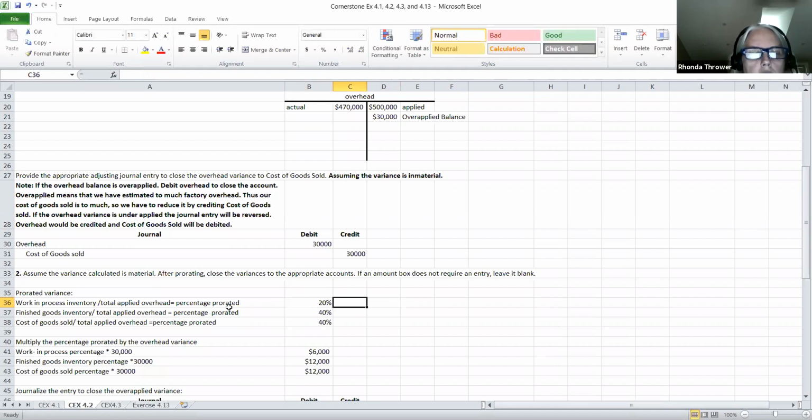That's the percentage you're going to prorate of the over or under applied balance. In this case, it was an over applied balance. So we're going to take 20% of the 30,000, and that's going to give us the amount that we will credit to the work in process account.